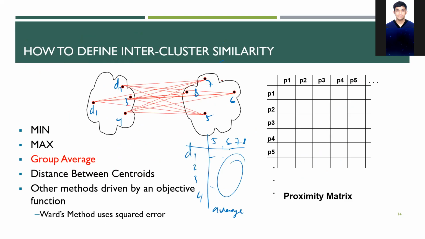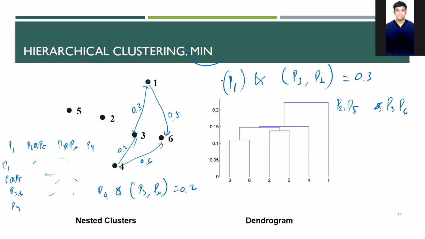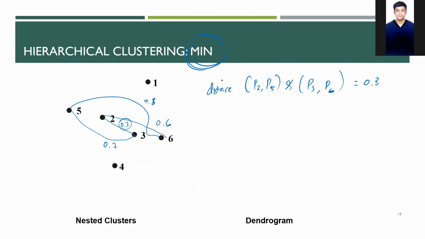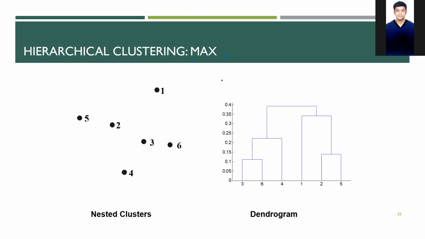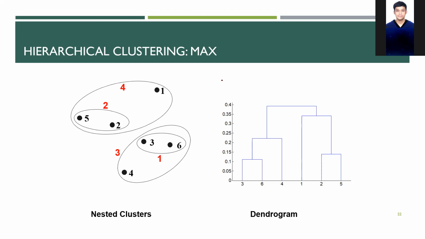What happens if we use this as the proximity matrix? For example, this belongs to one cluster, this belongs to another one, this belongs to the next one, and the last one here. So a different proximity matrix will give us a different dendrogram, or different steps in clustering.